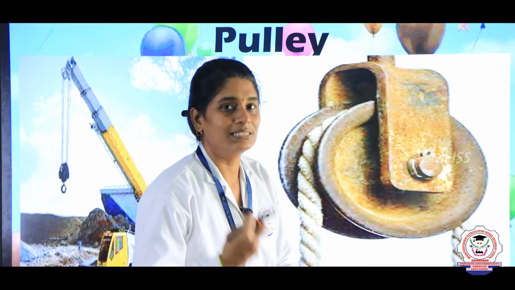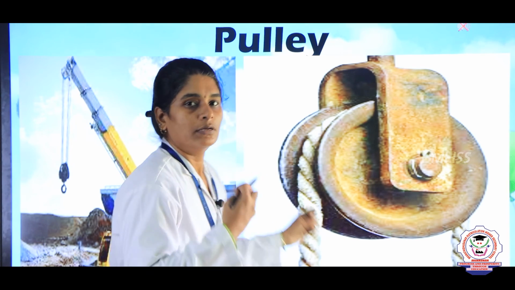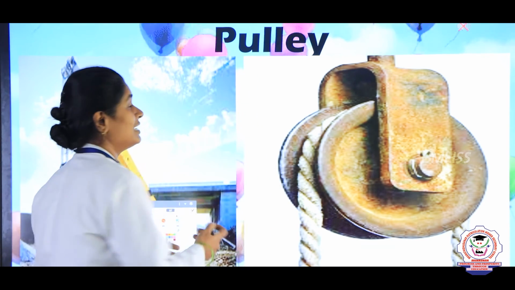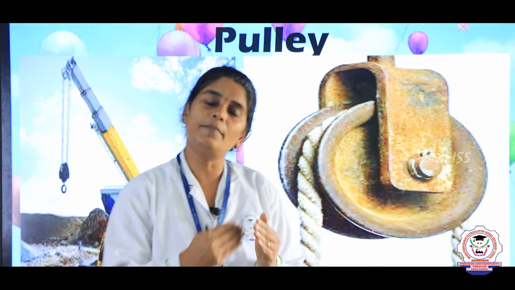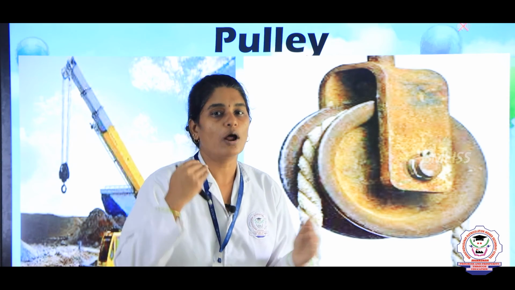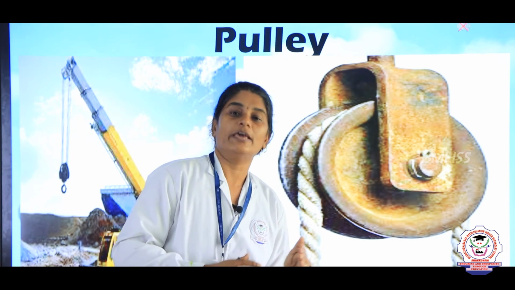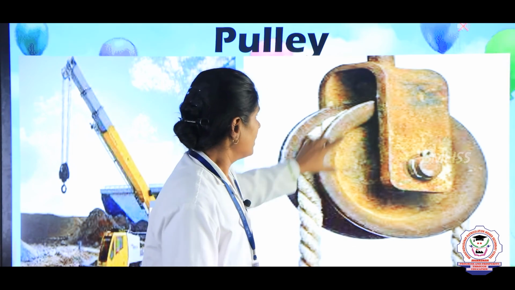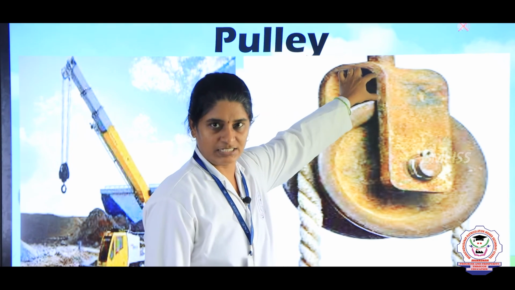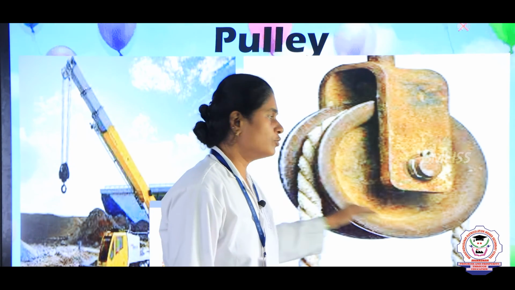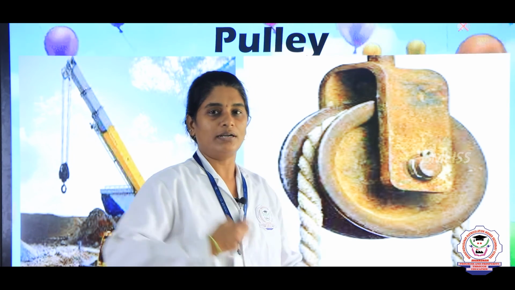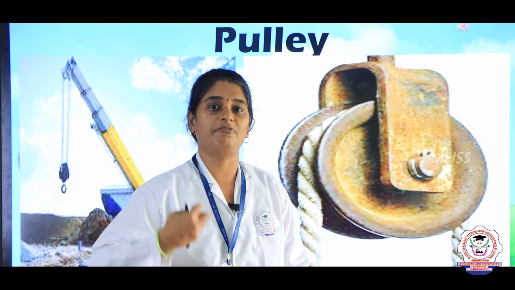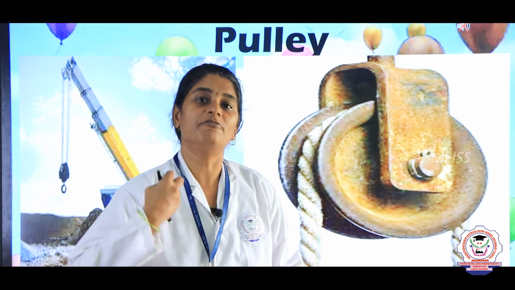So this is an example of a pulley. We can see two types of pulley here: one is the movable pulley, the other is the non-movable, fixed pulley. In the fixed pulley the axle is fixed, and by rotating the wheel we can draw water from the well. That is an example of a fixed pulley.